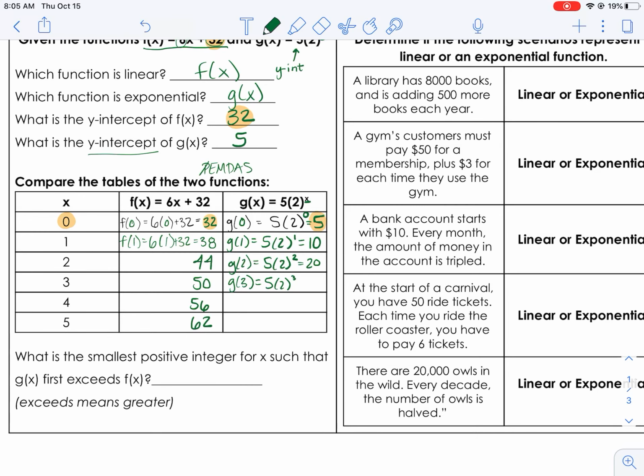So 2 to the third power, that's like 2 times 2 times 2. So 2 times 2 is 4, times 2 is 8. So 8 times 5 is 40. And if you notice here, our pattern is multiplying by 2, so we're doubling every single time. So if I double 40, I'm going to get 80. And if I double 80, I'm going to get 160.